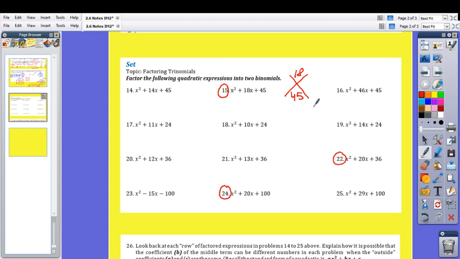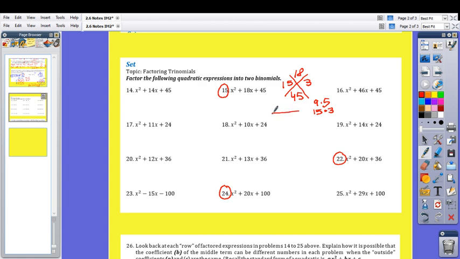So if we do 9 times 5 is 45, but it doesn't add up to 18, it only adds up to 14. So then let's do 15 times 3 gives you 45, and 15 plus 3 is 18. So we will be getting the factors 15 and 3.